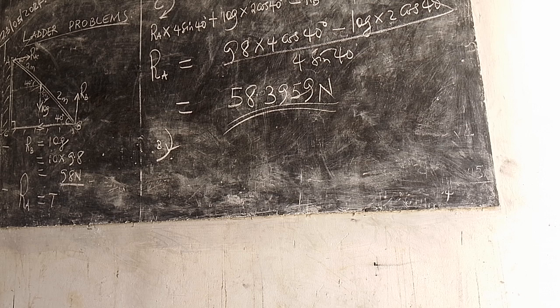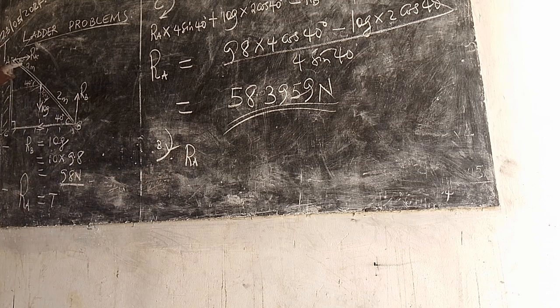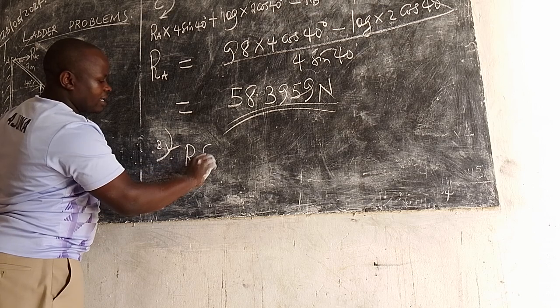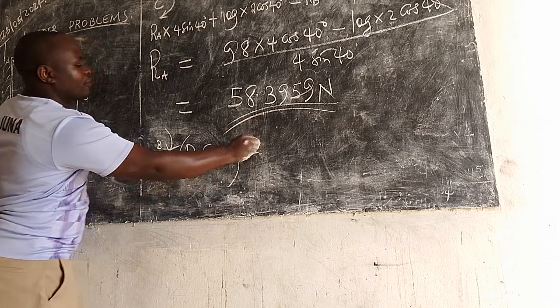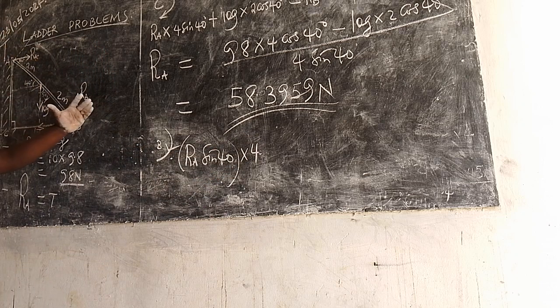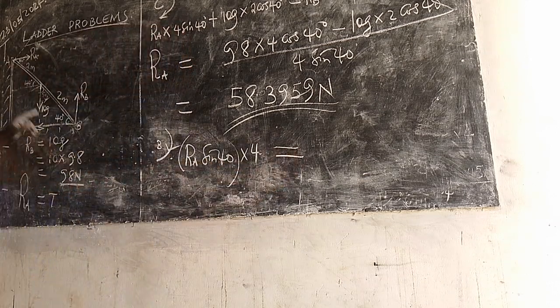So I will take moments at B. I will have to first resolve the force RA: RA sine 40 times the distance, which is 4, for it to be at B, is equal to, because by our weighting this is clockwise and this is anti, 10g sine 50.